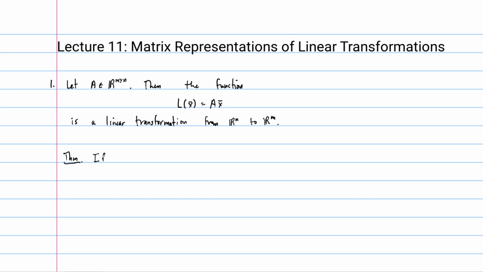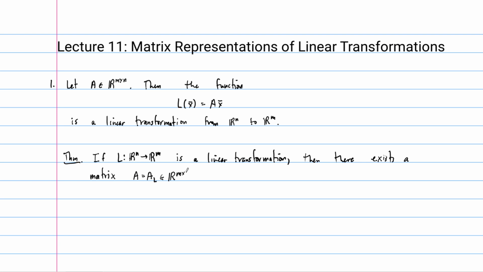So here's the situation. Let's say we have a linear transformation L from Rn to Rm. Remember the notation. L maps Rn to Rm. Let's suppose that this is a linear transformation. Then in this case, there exists a matrix, which we'll call A here, sometimes called A sub L, to show that it's representing the linear transformation.